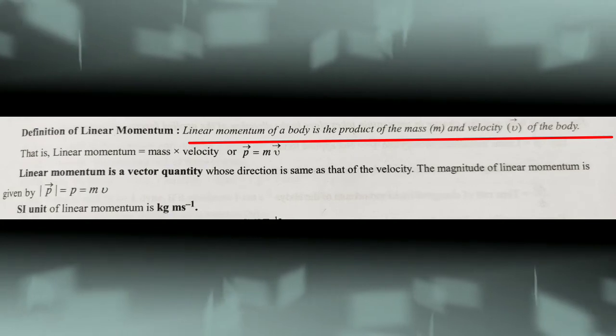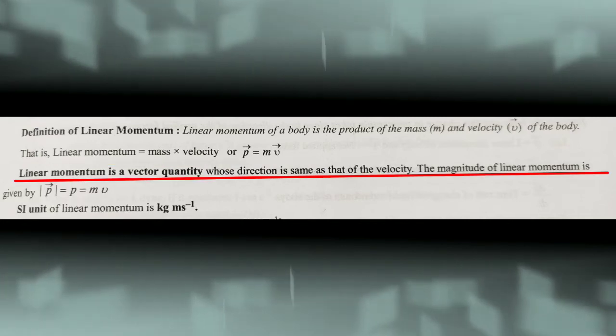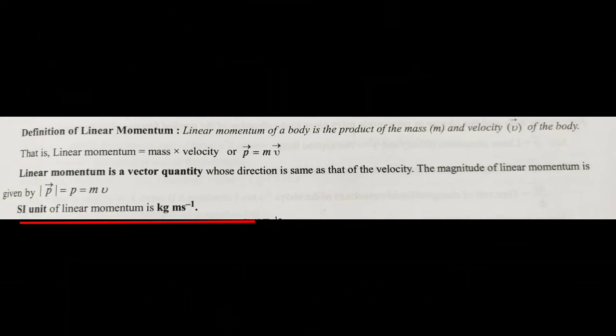So students, linear momentum of a body is the product of mass m and velocity v of the body. Formula of linear momentum is mass into velocity, that is, p = mv. Linear momentum is a vector quantity whose direction is the same as that of velocity. SI unit of linear momentum is kilogram meter per second.